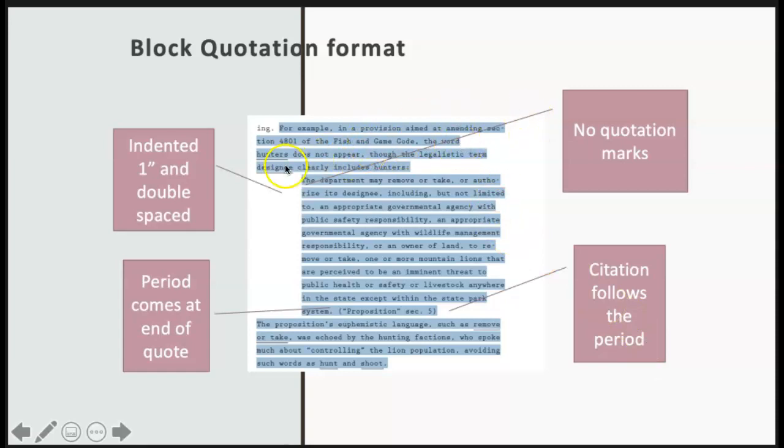All right, so here's an example of a block quote in its proper format. So you have to set up the quote, all right? And once you've set up the quote, you use a colon. Then remember that double indentation, right? You're tabbing over twice. And so the first word of the quote is on that new double indented margin.